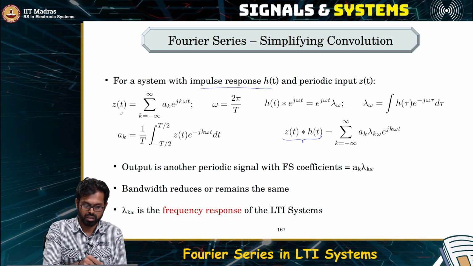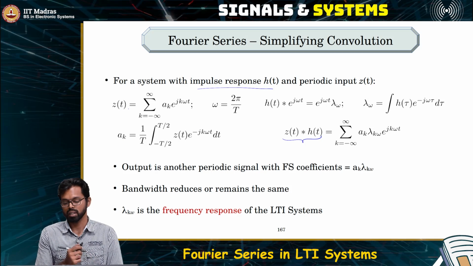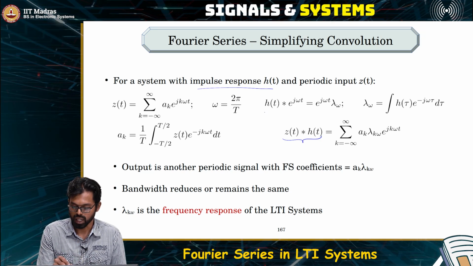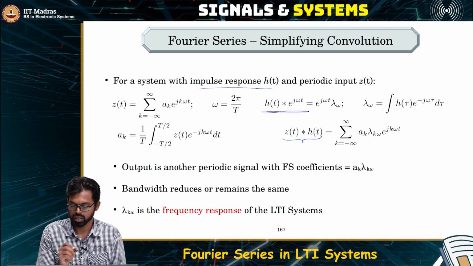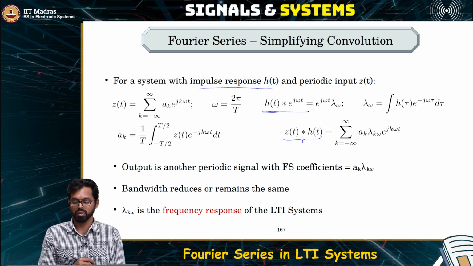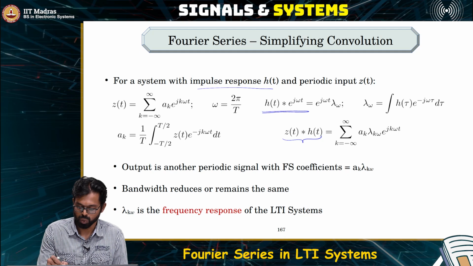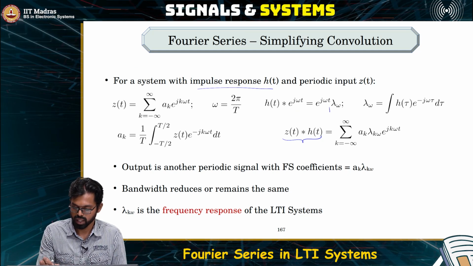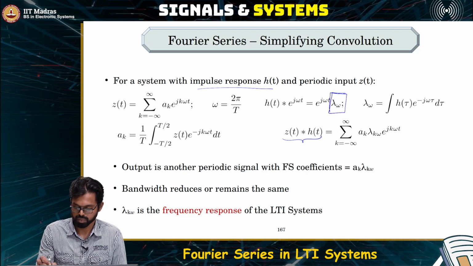So we have the Fourier series representation, and the other thing that we also know and which we exploited a lot is that the complex sinusoid is the eigenfunction of the convolution operation, which means when you feed a complex sinusoid to any LTI system, the output is the same sinusoid just scaled with some scalar.